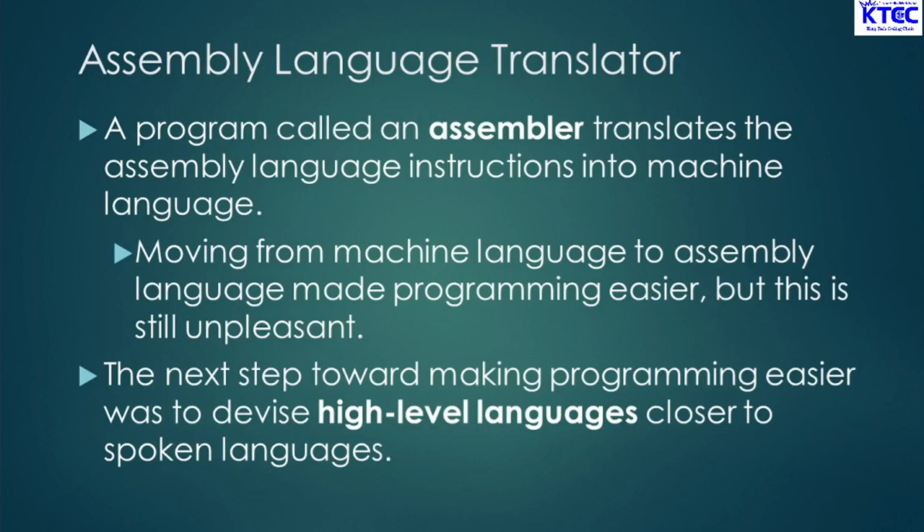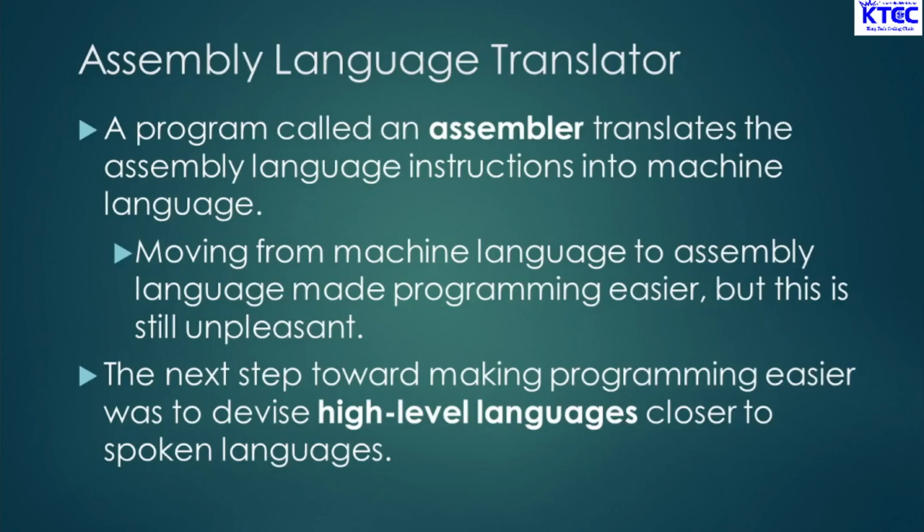The program we call an assembler here is embedded in the text editor that can run the assembly language code. So this assembler translates everything you write in assembly language into zeros and ones. That is the machine language before the computer can understand.